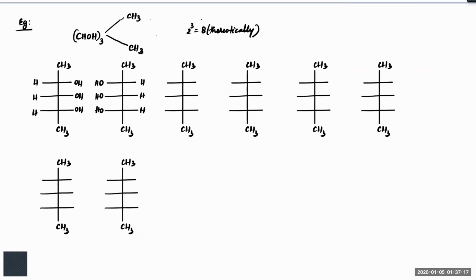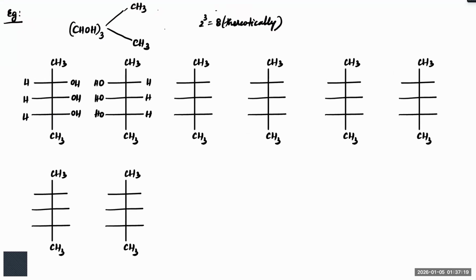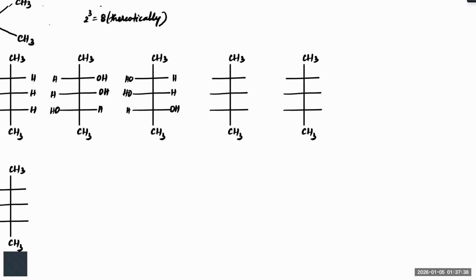Second one, if you have OH here, and next OH here. So mirror image wise, OH, OH here, and OH here. Next, we have OH, OH here, and OH here this way.